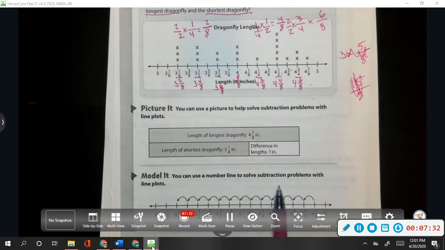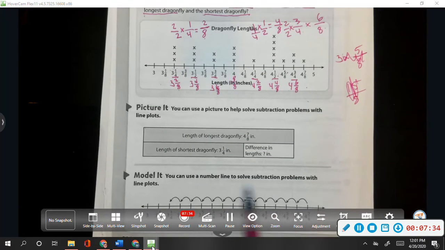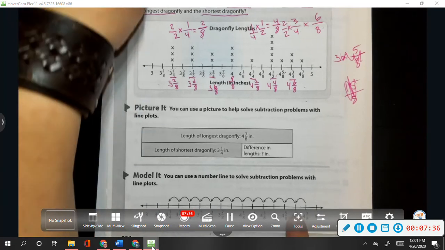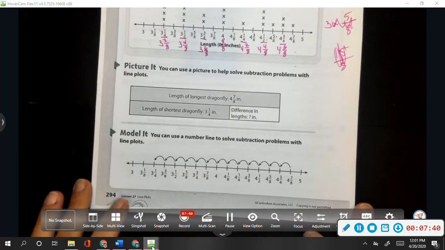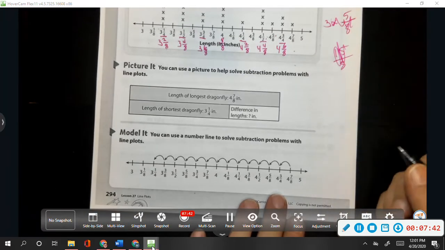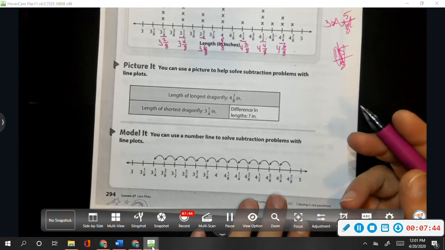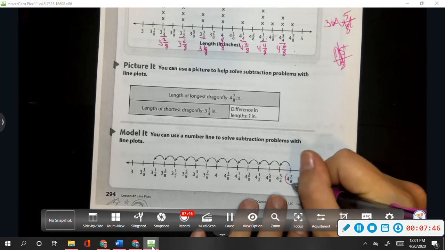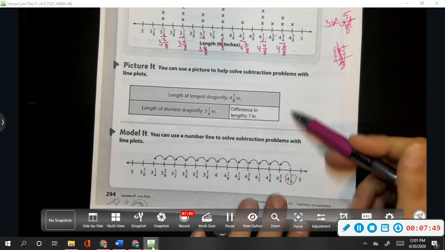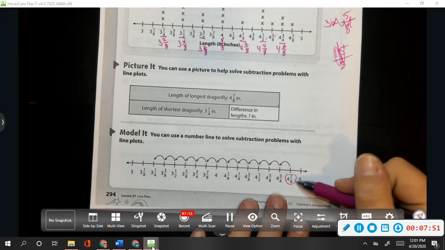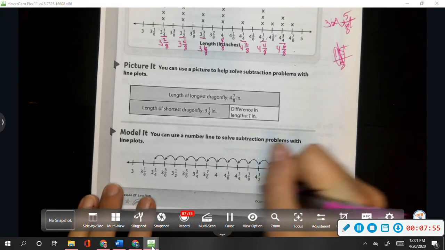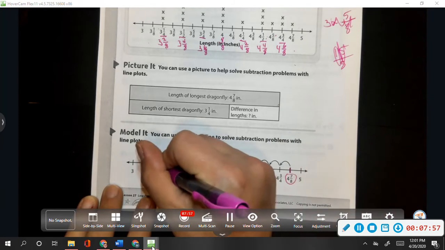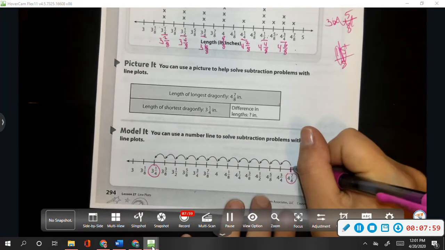They said you can use a number line to solve subtraction problems with the line plots. So all they did was take the units off of here and turn it into a regular number line. And then they subtracted the way we subtracted before when we were working with fractions on the number line. They started at the longest. This was our longest dragonfly. We wanted to know the difference between the longest and the shortest, and we just counted back.